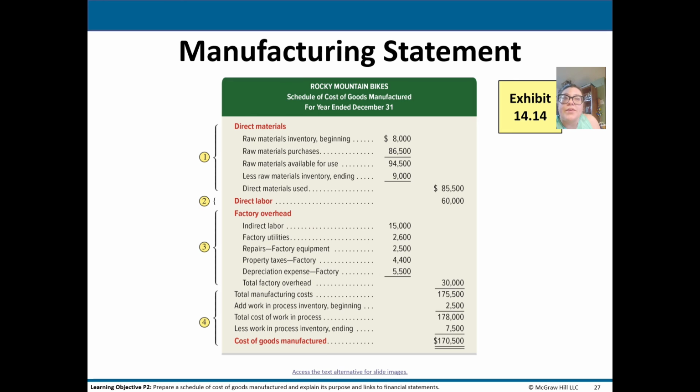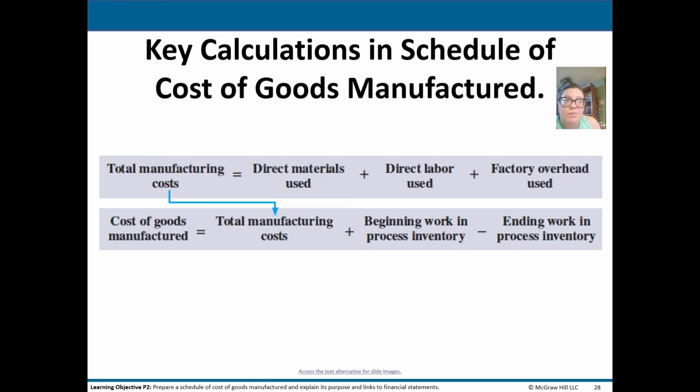One of the important calculations is the cost per unit. So managers use the schedule of cost of goods manufactured to help estimate the per unit costs. So for example, Rocky Mountain Bikes makes 1,000 bikes during the year. The average manufacturing cost per unit is $170.50.